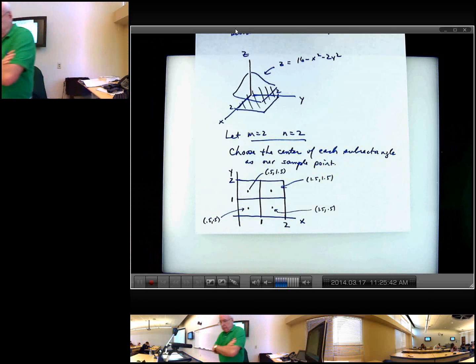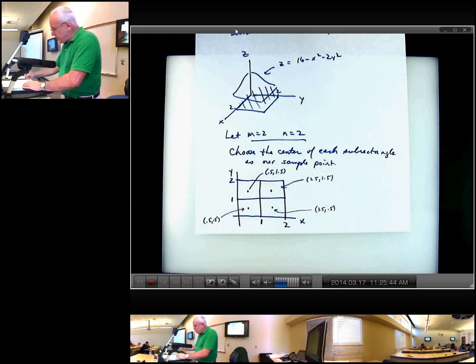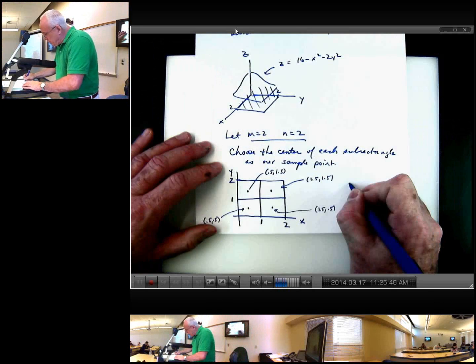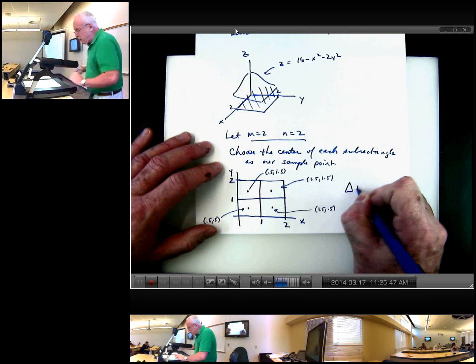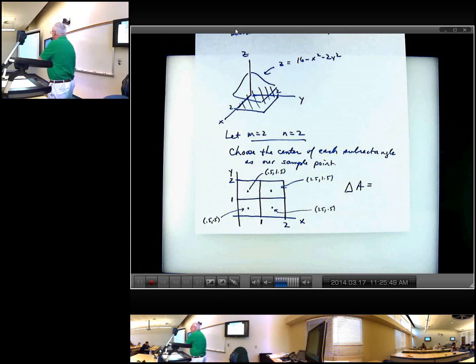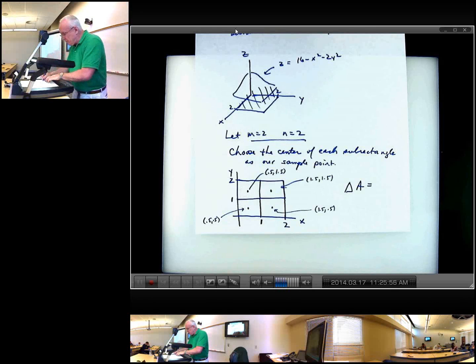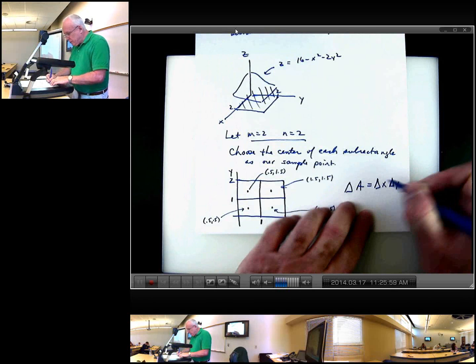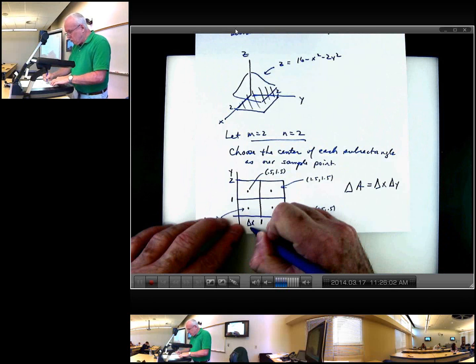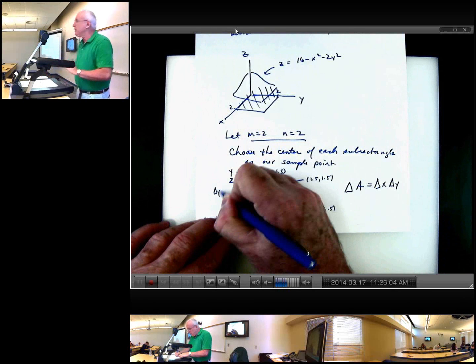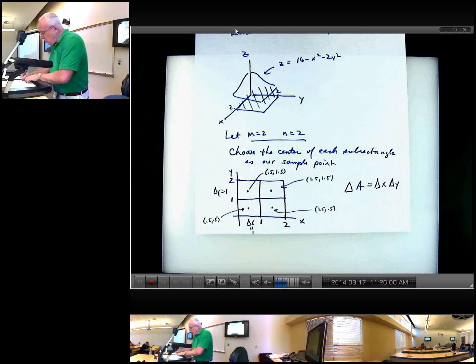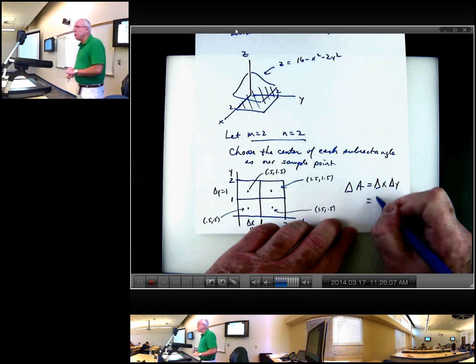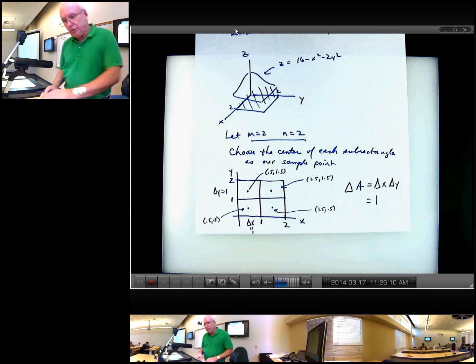All right. And what's the delta A for each one of these subrectangles? It's delta x times delta y. Well, our delta x here is just equal to 1, and our delta y is just equal to 1, so our delta area is equal to 1 for each one of those.